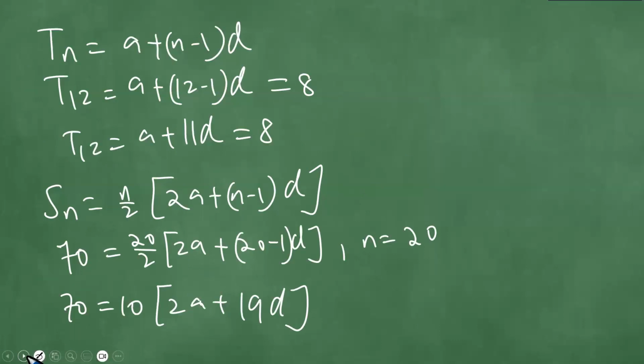To get the sequence, you have these two equations, and we need to solve them simultaneously. The first equation says that a plus 11d equals 8.